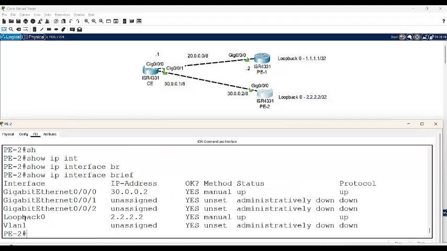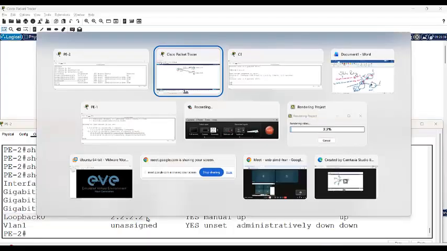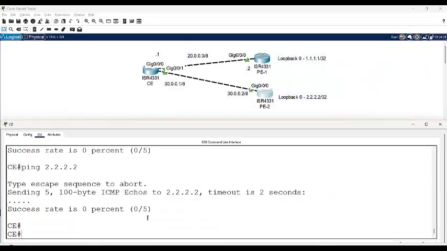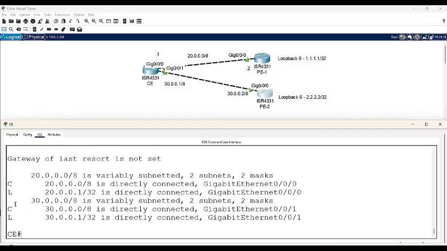You see, 2.2.2.2 is on which interface? Loopback. And you wanted to test the ping to 2.2.2.2. You see, I'm trying to ping. The ping is not happening. The reason is there is no route to reach 2.2.2.2 and 1.1.1.1.